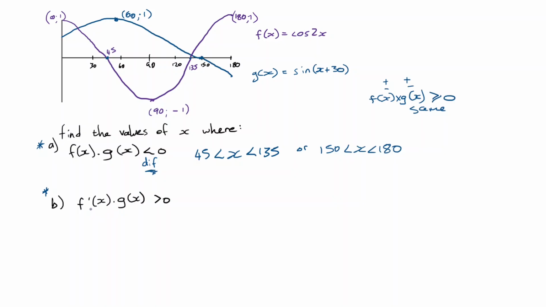What do I do when there's a derivative? That's got to do with the gradient. And so the f graph is the purple graph. And so I'm going to look in two places. Let me just think of it separately. I'm looking where the gradient is going down, and at the same time, because it's bigger than naught, I'm looking for the same situation: where the gradient is going down, the other graph would have to be below.